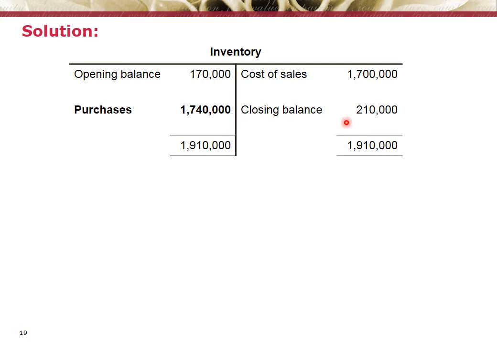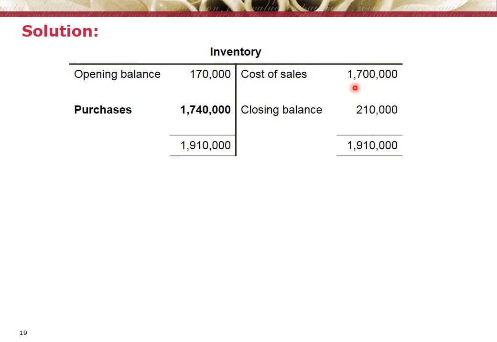The next step is to add in the costs of sales. The cost of sales decreases the inventory balance, because when we sell a good, we credit sales, debit accounts receivable, then we debit COGS and credit inventory. So we put this on the right hand side. It might just take a little bit of practice to remember which side of the T account to put the balances on, but just remember cost of sales is on the right hand side.